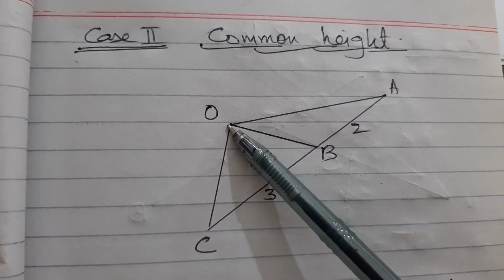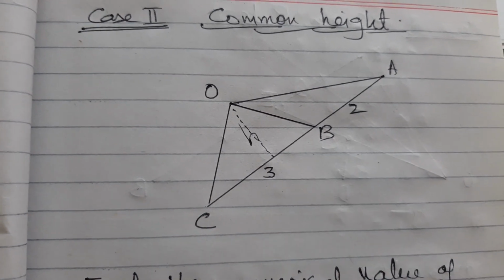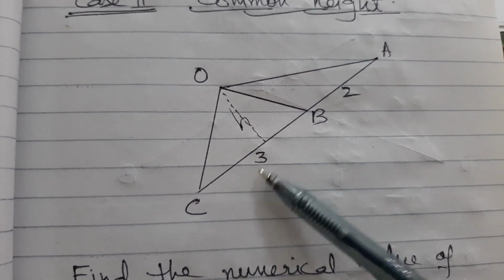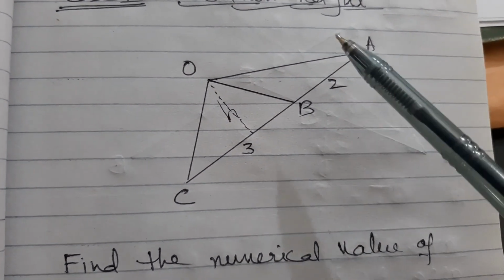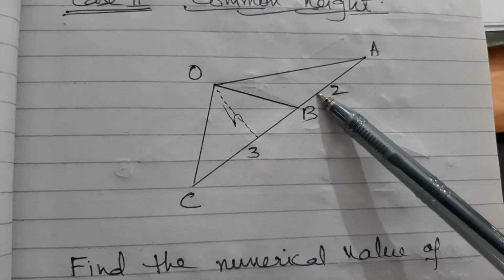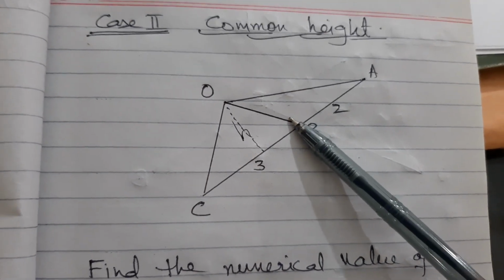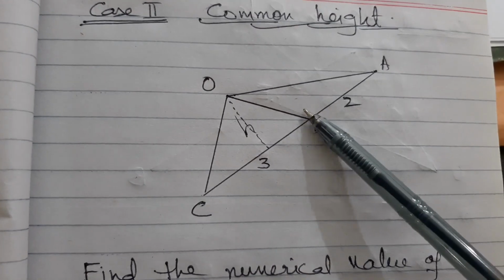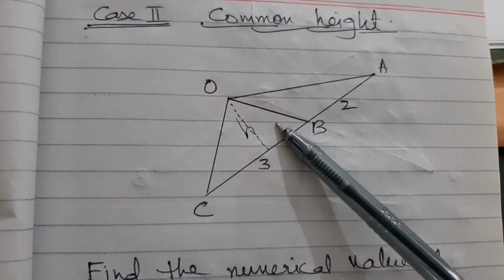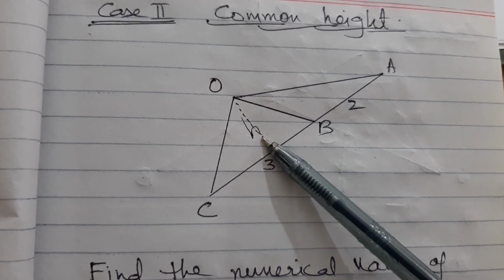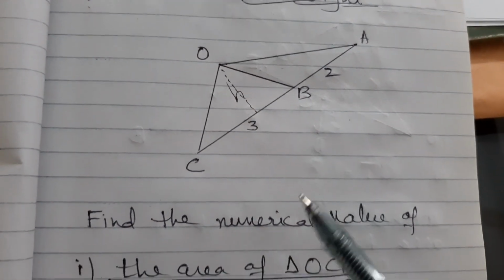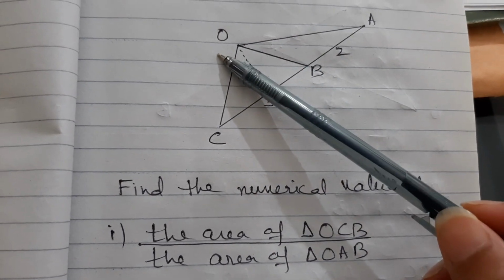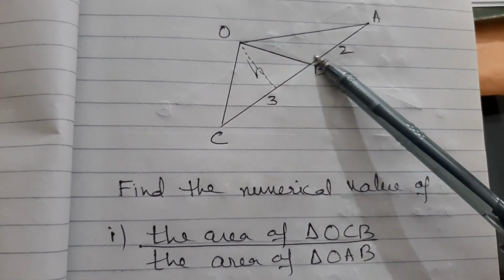And similarly for triangle OCB, to find the area you can write half into height into CB. CB is 3. So when the big triangle is divided into 2 parts, I'm not using the word equal, okay, in any ratio, and it has a common height, then what you will do to find the area of OCB and OAB?